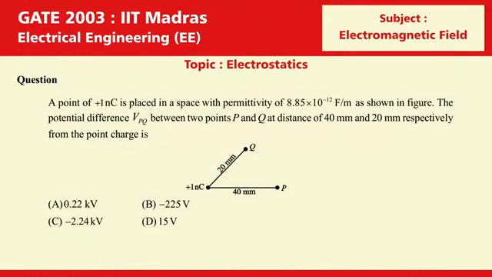This question was asked in GATE 2003. A point charge of plus 1 nanocoulomb is placed in a space with permittivity of 8.85 into 10 to the power minus 12 farad per meter as shown in figure.